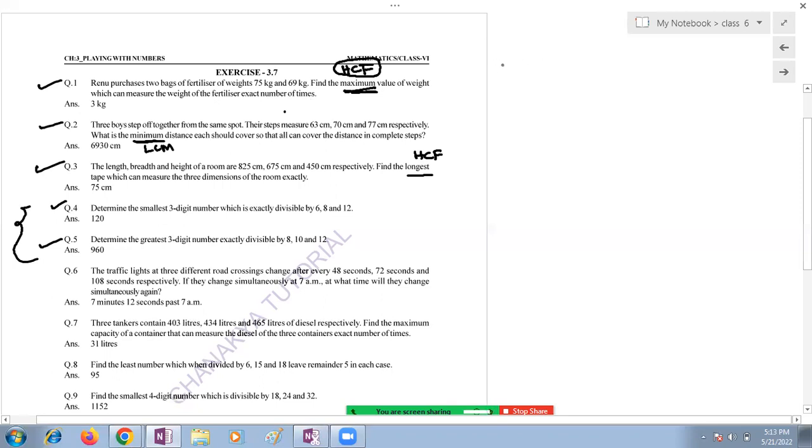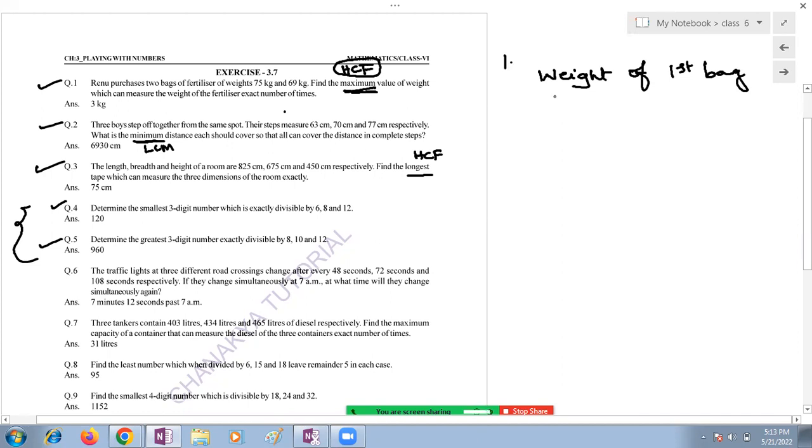What is the weight of the first bag, children? Ma'am, 75 kg. Weight of the first bag of fertilizer.